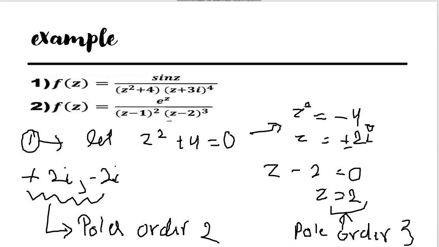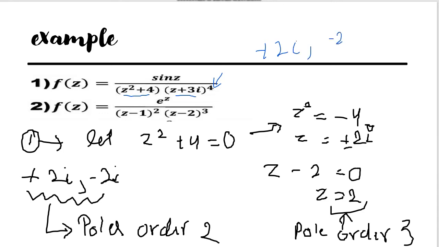It will be clearer with an example. In this first example, suppose this function is given to us. For a pole, always remember that a pole exists in the denominator. So for the pole, let us substitute this and this to 0 one by one. Substituting this to 0, we obtain minus 4, that is plus minus 2 iota.